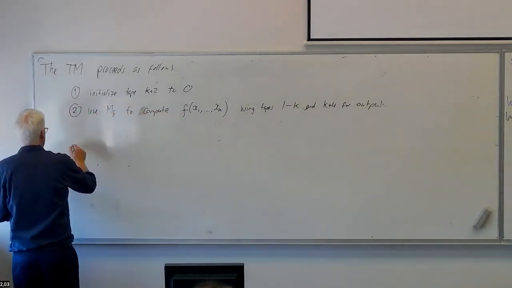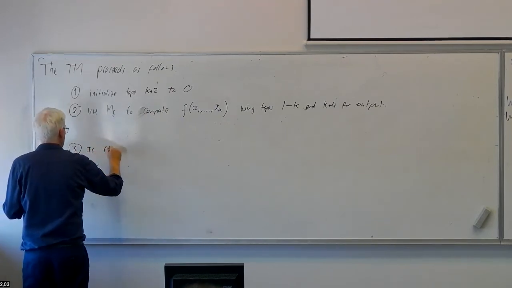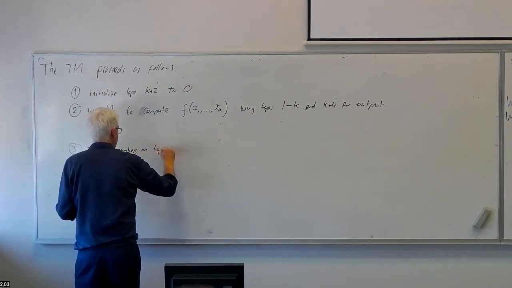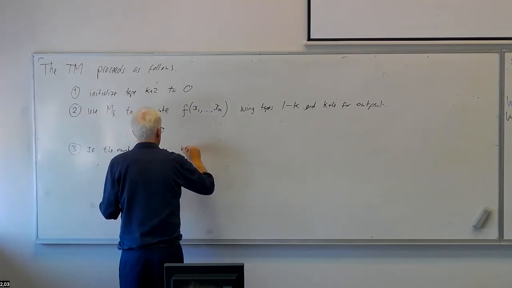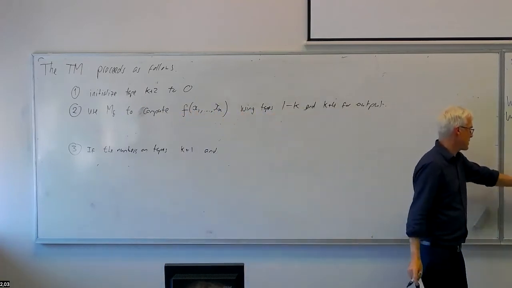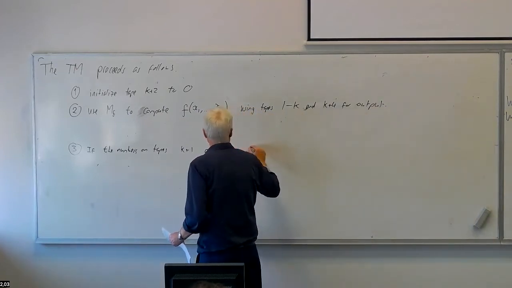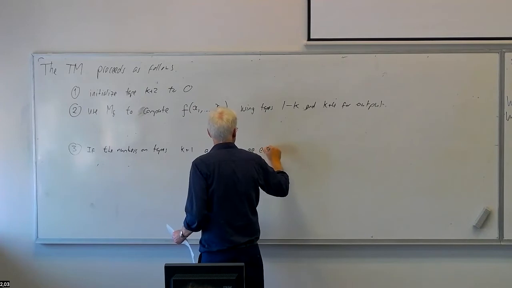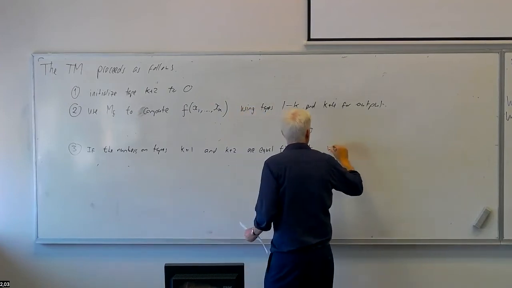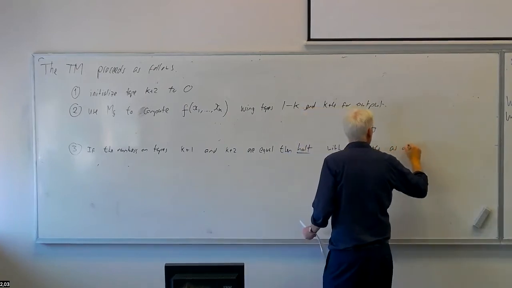So step 3 is that if the numbers on tapes k plus 1, so that's the original argument x, and k plus 2, that's the number we've counted up to, agree or are equal, then halt with tape k plus 4 as output.